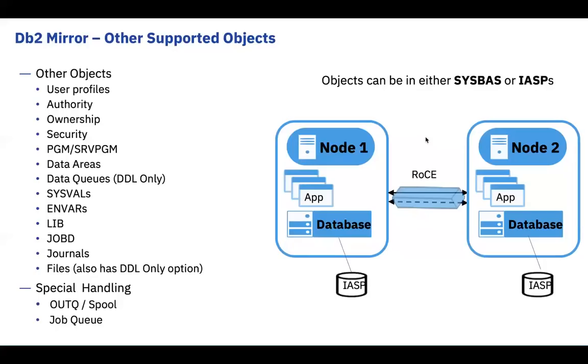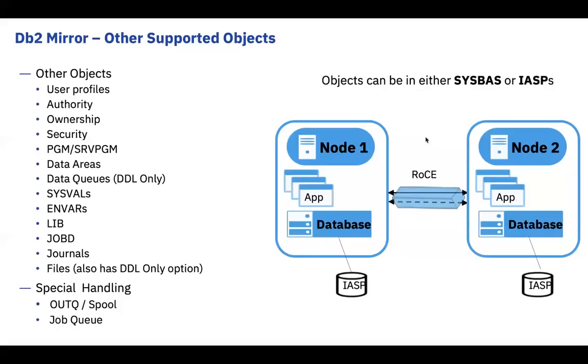So besides the database specific type objects, in order for your application to sit into this active-active environment, there's some other objects within the operating system that we've included in our mirroring product. Some of those objects are user profiles, authority, ownership, security.